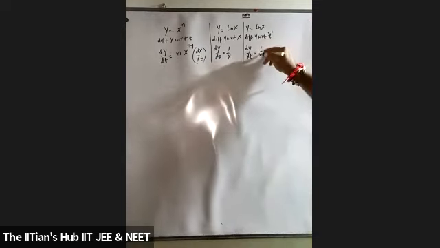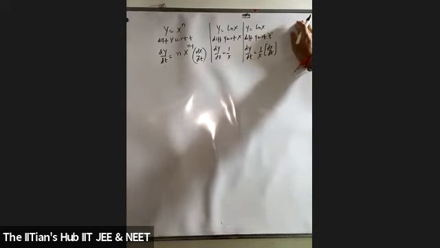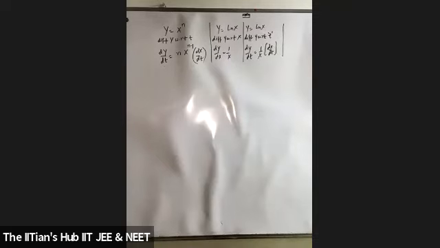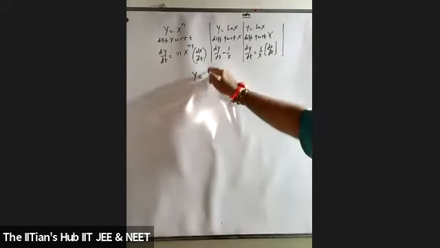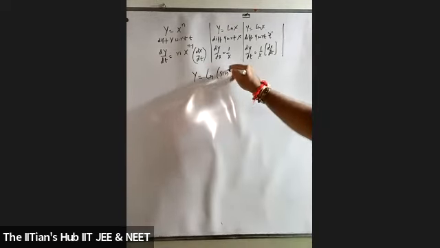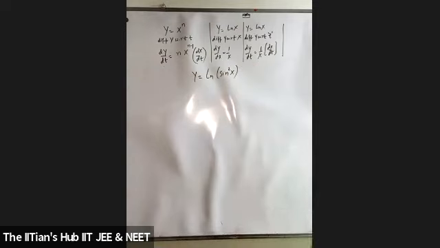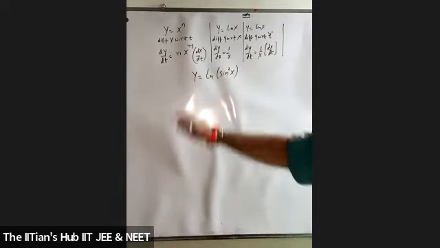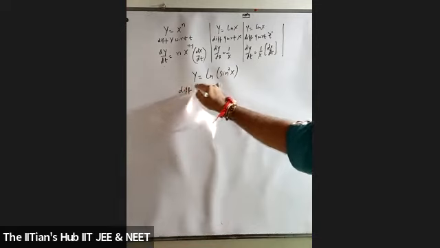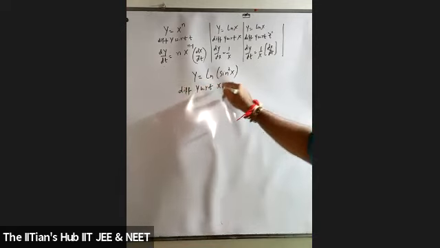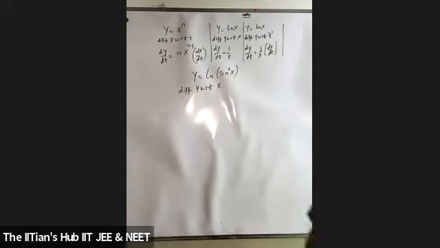That is, 1 by x into dx by dt. Agreed? Yes, sir. Okay, now listen carefully. Suppose I give you y is equal to ln sine square x. My question to you, students, differentiate y with respect to x. All of you will get the answer by yourself.